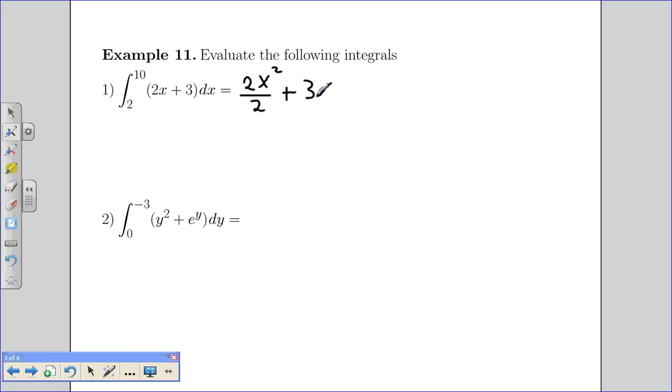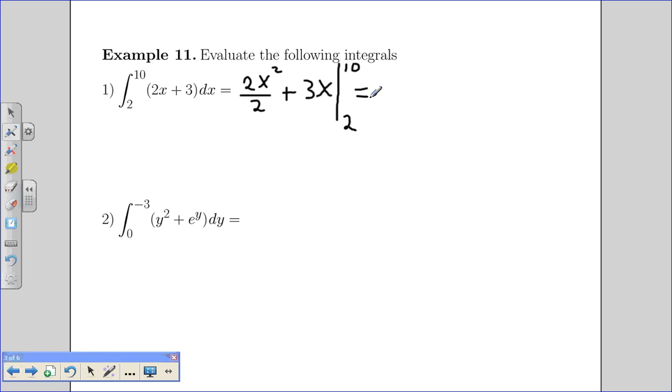Normally we would add c to this, but when you do a definite integral, when you're plugging in these numbers, you don't need the c. You can pick c to be whatever you want, and we're going to pick c to be 0. I'm going to evaluate that from 2 to 10.